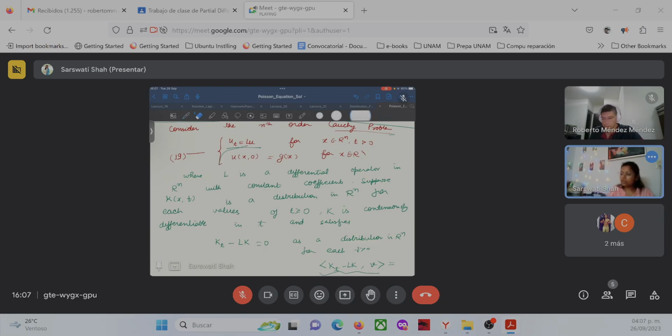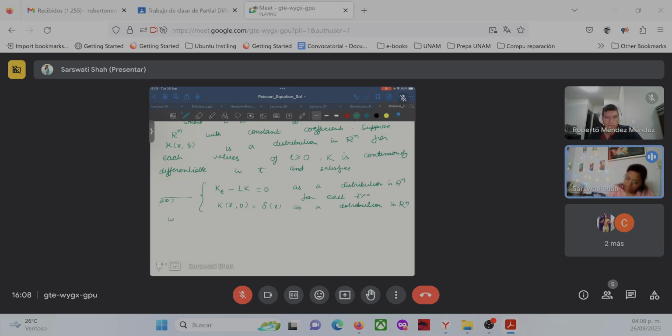So this is defined in the sense of distributions, and k of x comma 0 equals delta x as a distribution in Rn. Say this is your equation number 20.